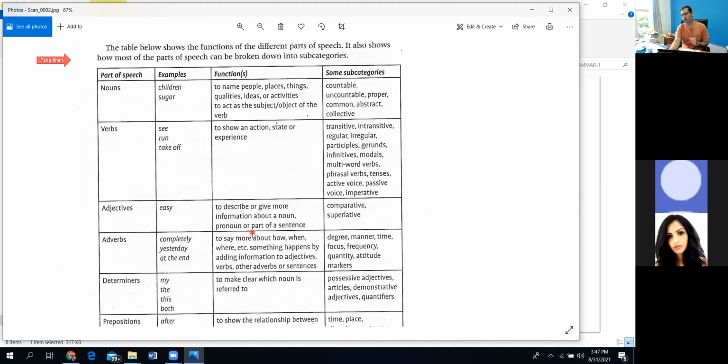So for that, you can easily download these subcategories of nouns, verbs, adjectives, and make your notes. When you download, the explanation is there with the example. So you need to recognize that in context. In a paragraph, they will underline, there might be a noun. In the options, they have given you the subcategory of it, so you have to see whether it's a noun, a verb, an adjective, or an adverb.